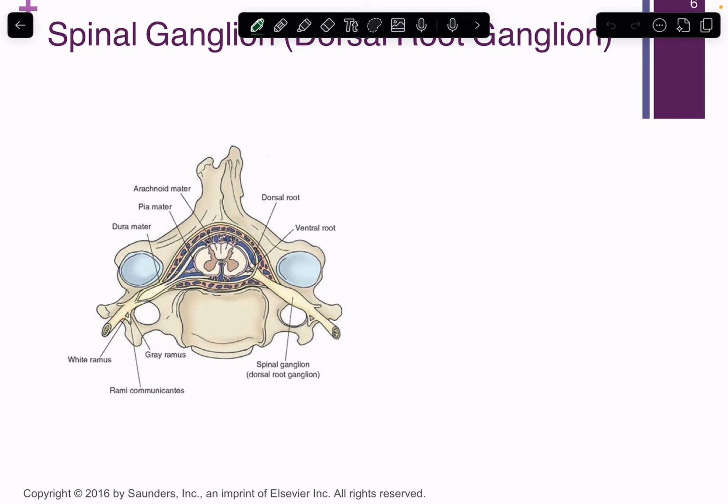It carries signals from the spinal cord to the sympathetic ganglia. So the gray ramus contains unmyelinated, making it gray, postganglionic fibers and present at all spinal levels, and it carries signals from the sympathetic ganglia back to the spinal nerves for distribution to target organs.